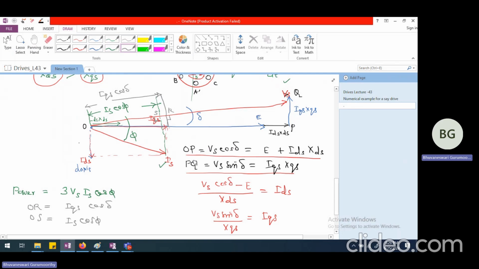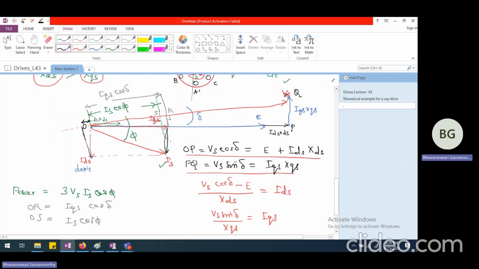And similarly, from IDS, I should be able to drop a perpendicular to the extended portion of Vs. So if I drop a perpendicular here, this will be the perpendicular I'm dropping from IDS. So this length, whatever I'm talking about, this will be exactly the same as if I had drawn an IDS, it would have actually come here.